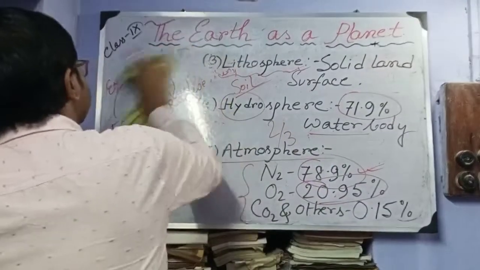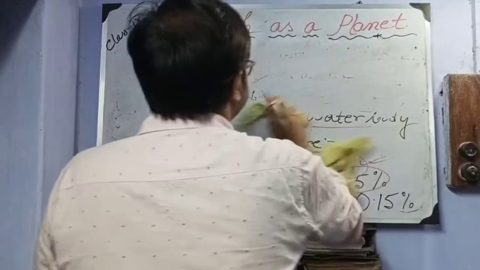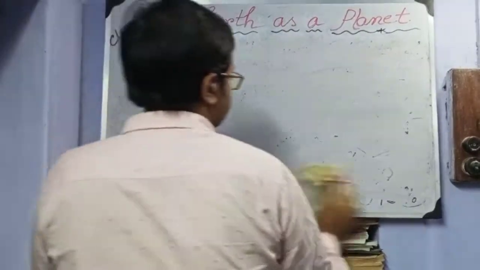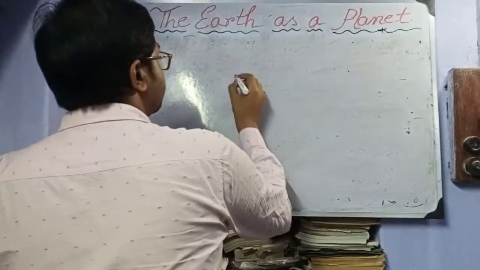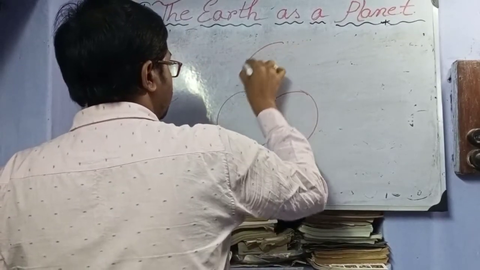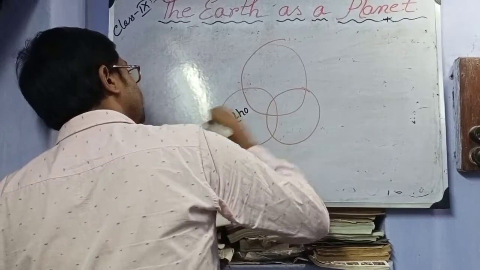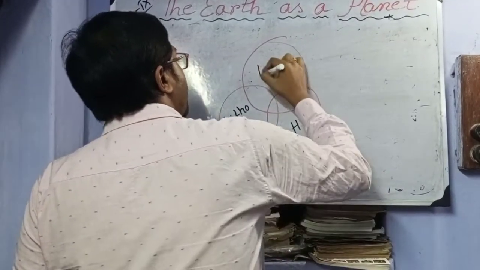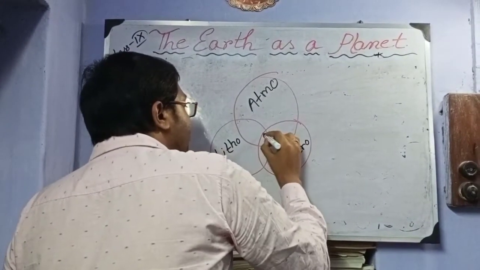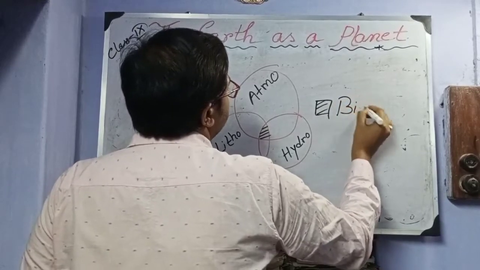That means these three spheres, lithosphere, hydrosphere and atmosphere, have created the earth as a habitat, and the middle narrow zone is known as the biosphere.